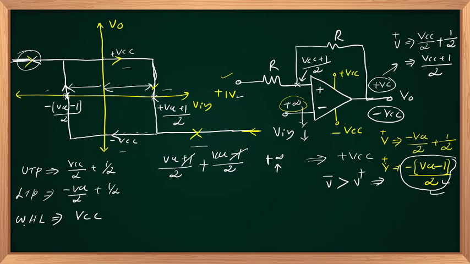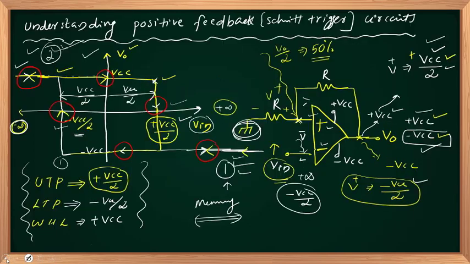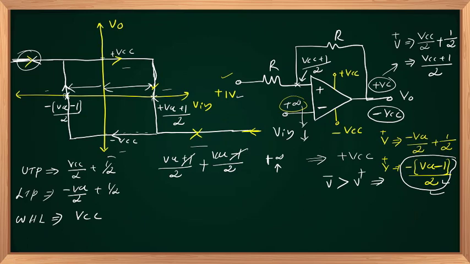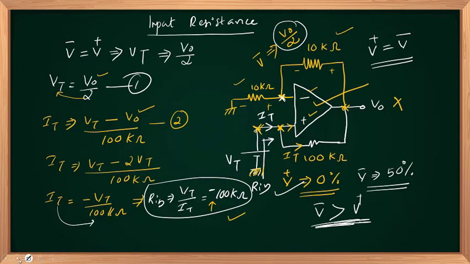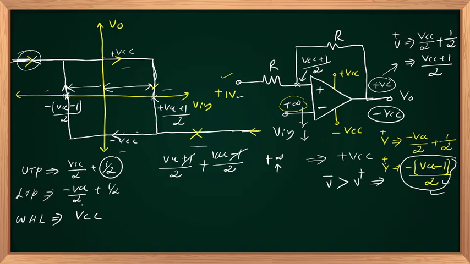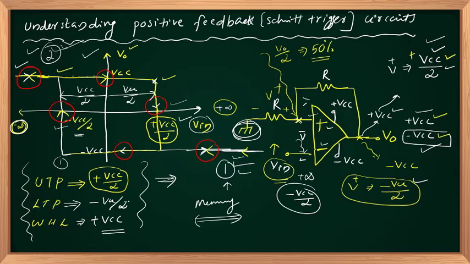So here the width of the hysteresis loop remains same as earlier, and your UTP, upper triggering point, shifts by 1 by 2 units towards right, and your LTP shifts towards right by again the same 1 by 2 volt. So LTP also shifts towards right, UTP also shifts towards right.